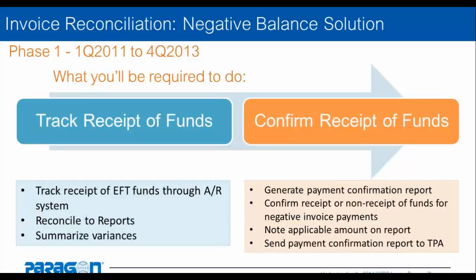If expected funds are not received per the reports, the confirmation report should note $0 received. All amounts must be confirmed, even $0. If negative amounts did not exist for your organization during this time frame, you're still required to generate and send a confirmation report and confirm that you received $0.